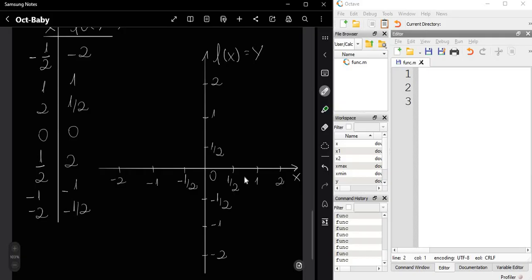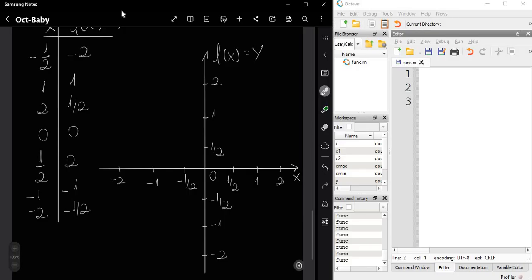This is very out of scale, but it's okay. We can still represent the function, have a feel of this function, and after plot it in Octave and do some comments about it. So now we just have to connect the dots.